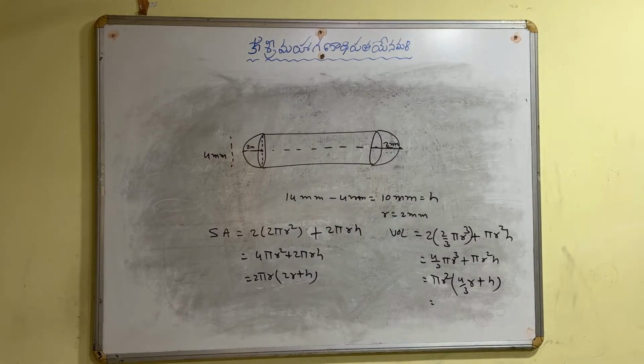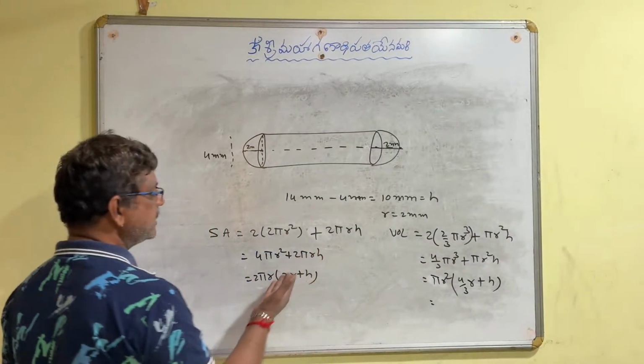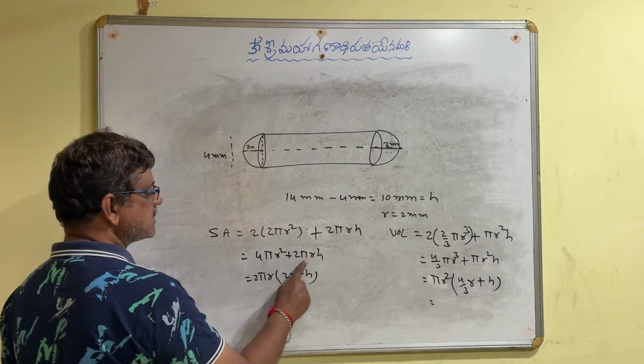Okay, children? First understand the figure properly. Then you need to write the correct formulas. And even in those formulas, what we can take common, that is very, very important. Here 4 pi r square plus 2 pi r h is there.